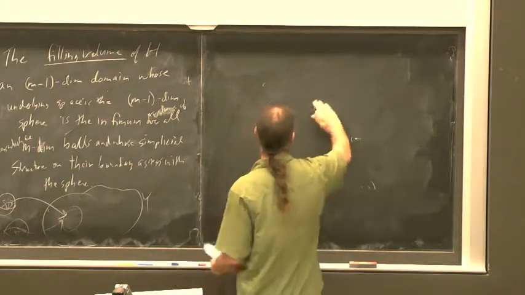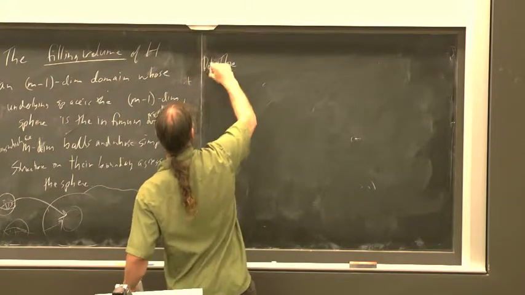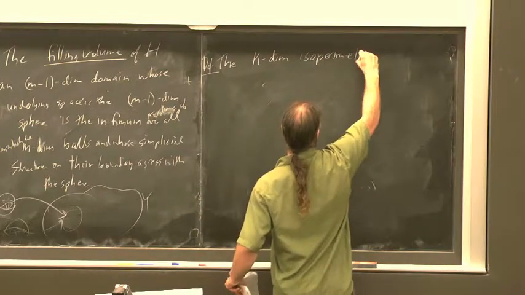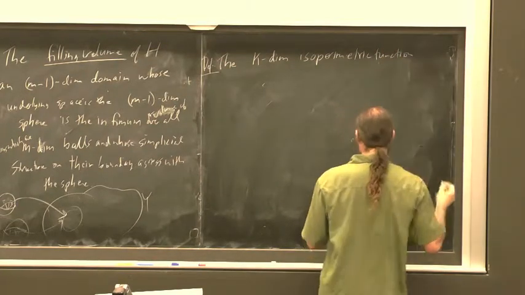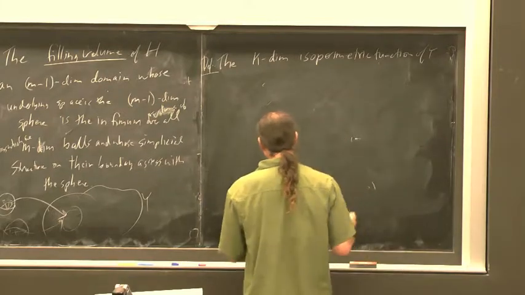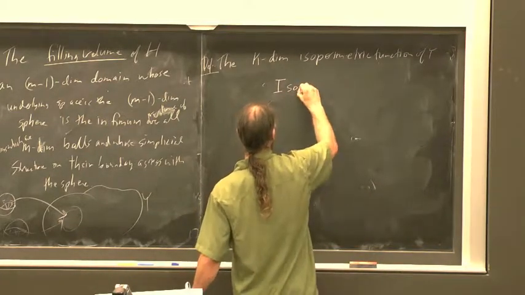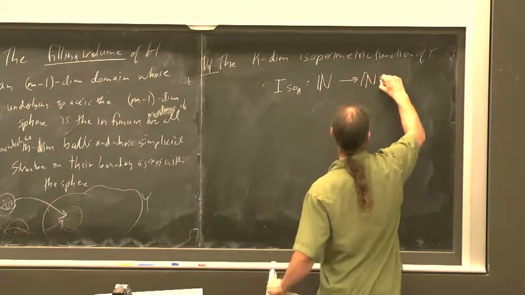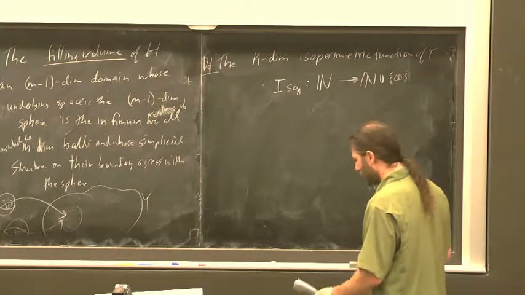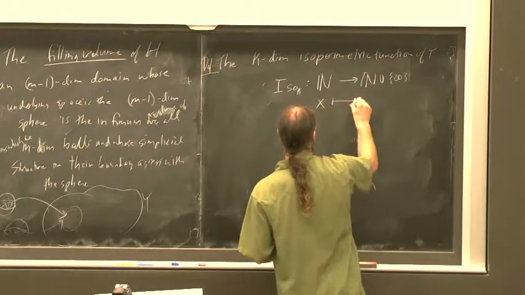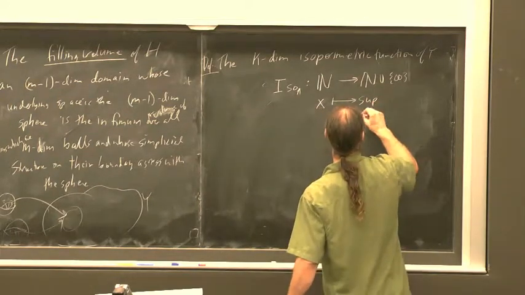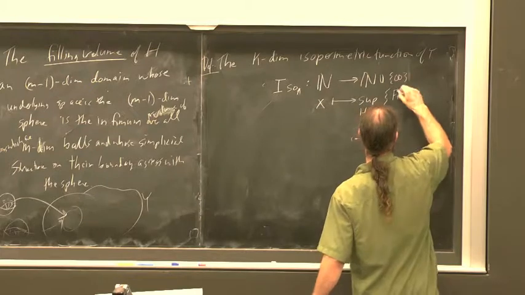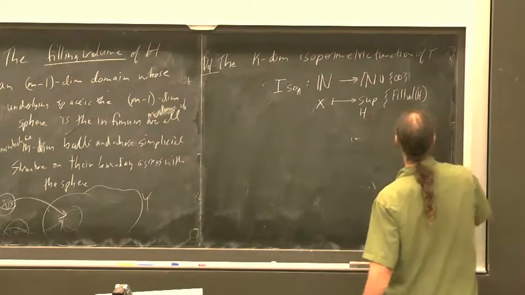So the first remark is that this gives me a function. Maybe the rest of the definition is that the k-dimensional isoperimetric function of Y is this map iso sub k, which maps, let's just take it from the natural numbers to the natural numbers union infinity, which sends x to the sup over all H of the filling volume of H. So the fill volume of H, and what's my condition on H?